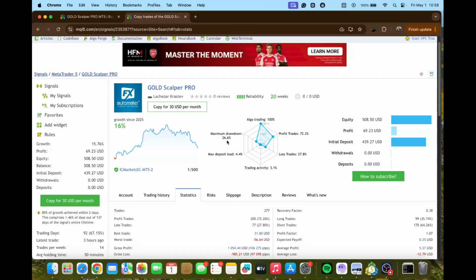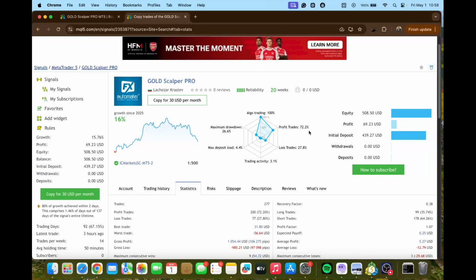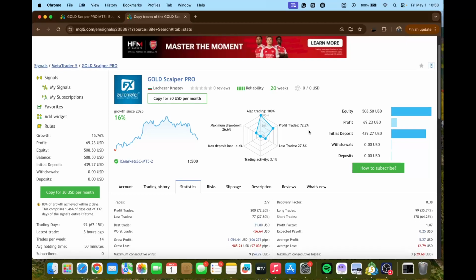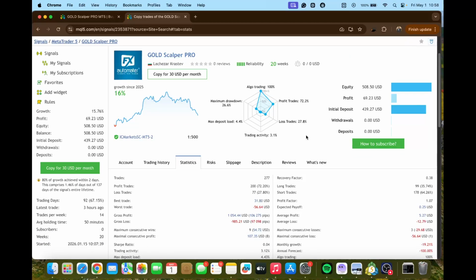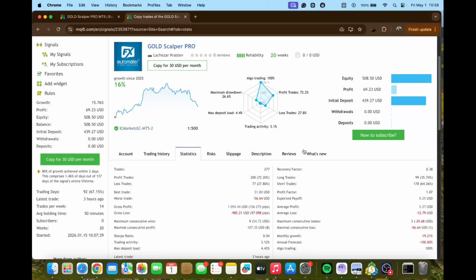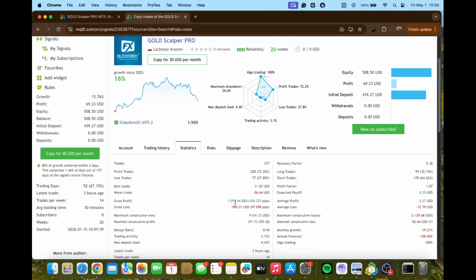Max drawdown is 26%, profitable trades 72%, so we're looking at a win rate of 72 to 73%. Gross profit is about $1,000. Profitable trades are 200 and losing trades are just 77.